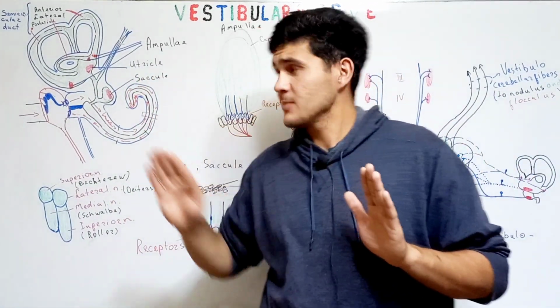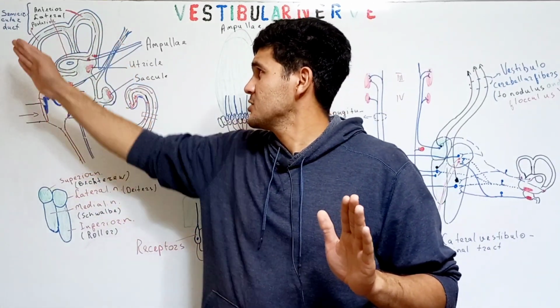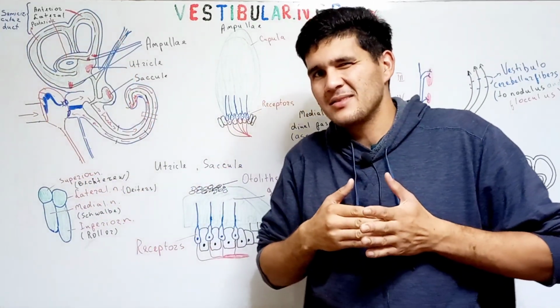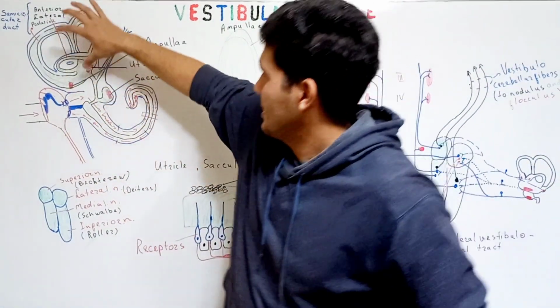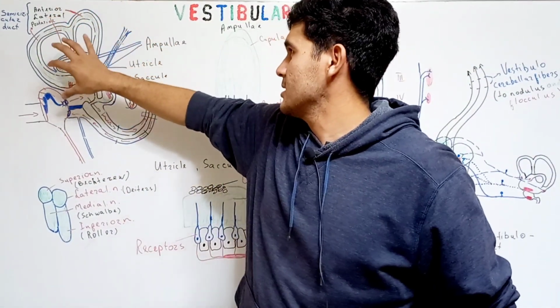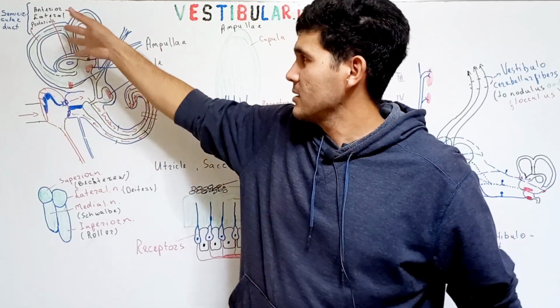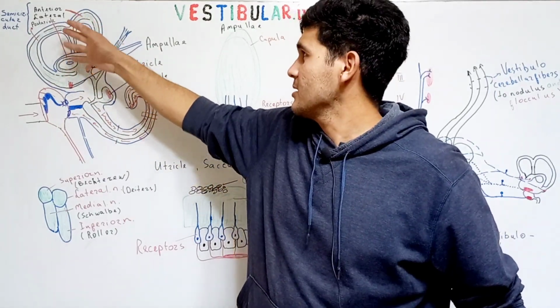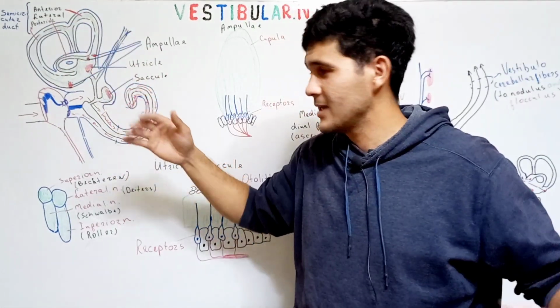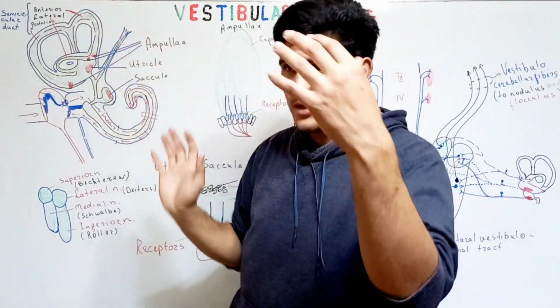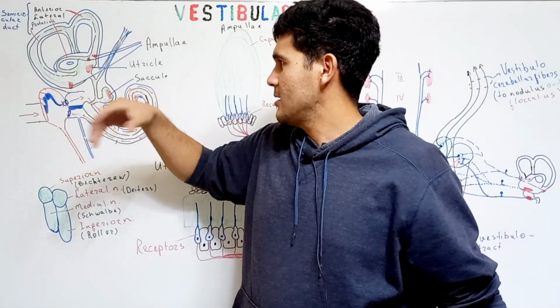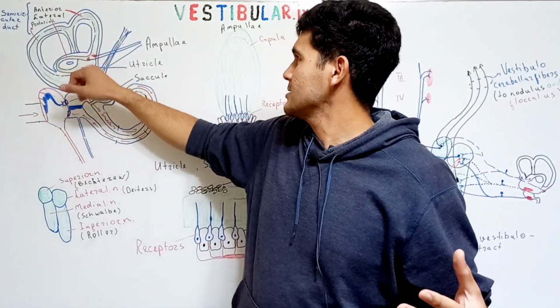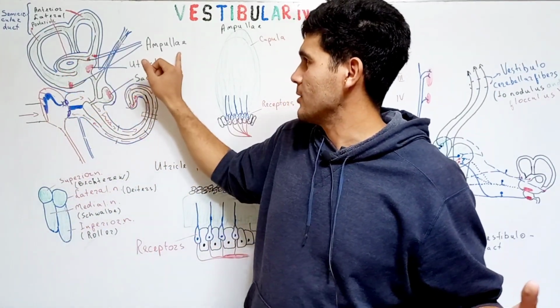And the angle between these 2 semicircular ducts is 90 degrees, okay? Now all of the semicircular ducts are filled with lymphatic fluid, and the lymphatic fluid's main function is moving according to the movement of the head, and stimulating the receptors that are located in the ampulla.